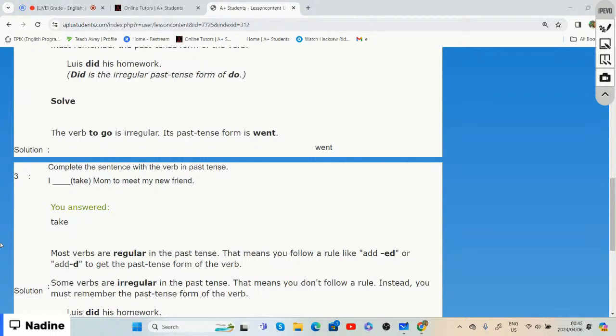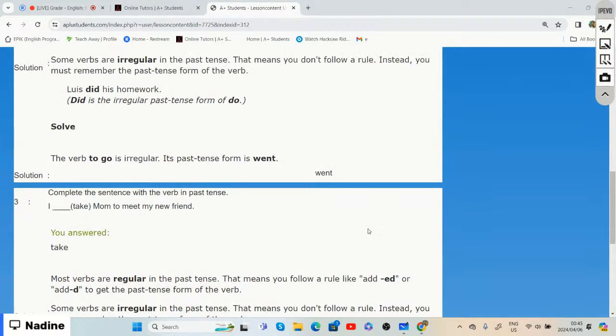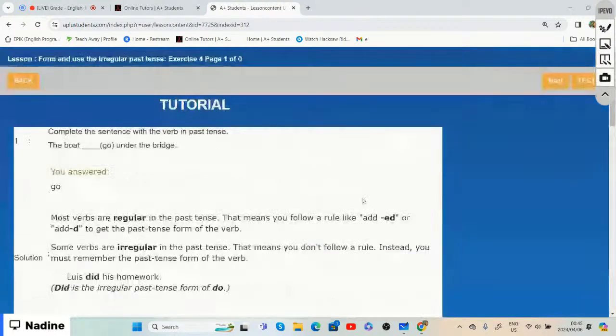If I say I take mom, then we can say I took mom to meet my new friends, right? All right. So that is basically irregular past tense, right?